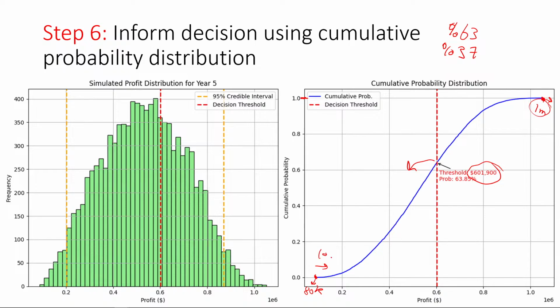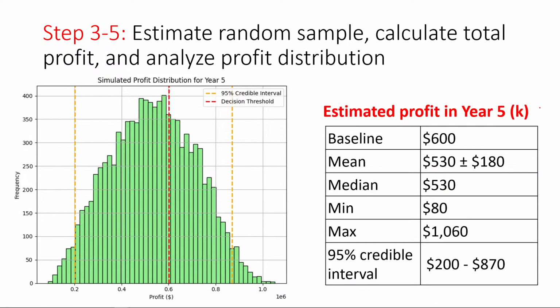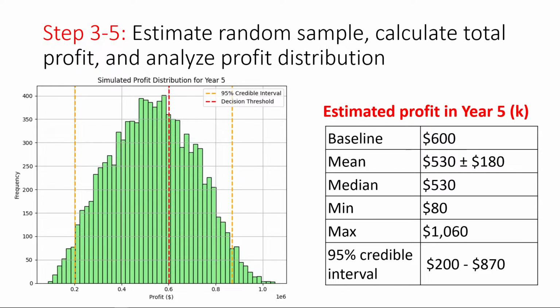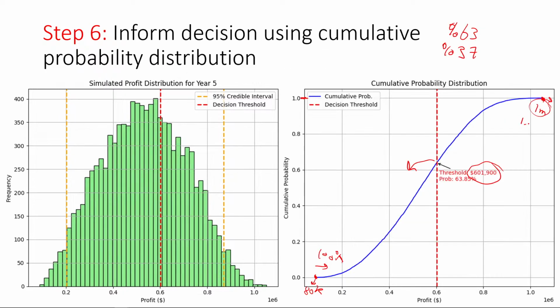There is a 100% probability that my profit will be above 80,000 K. But there is a 0% probability that my profit will be above 1.06 million. I will not exceed this profit.